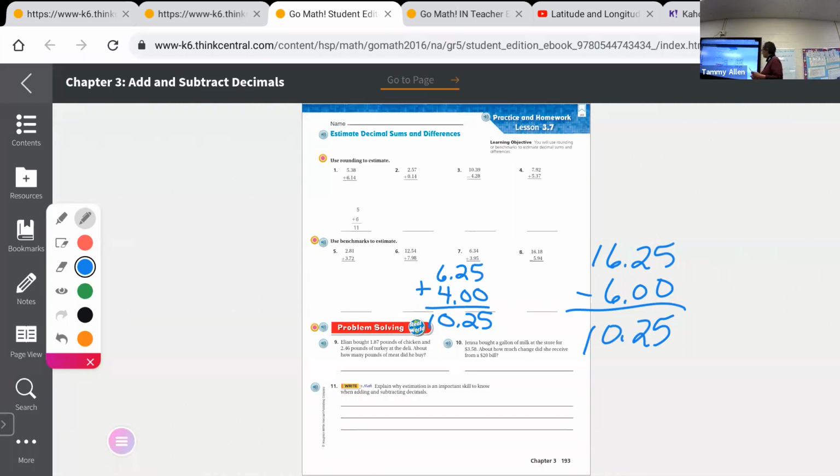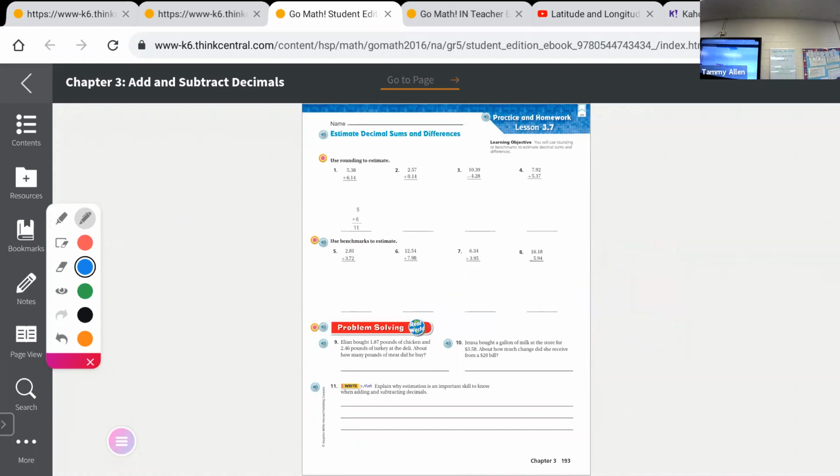Okay? All right, if we take a look at number 9, about would tell us that we are looking for an estimate. How many of you use rounding on number 9? How many of you use benchmark? Okay, so I'm going to go with benchmark first, and then we'll take a look and see how that's different than rounding.